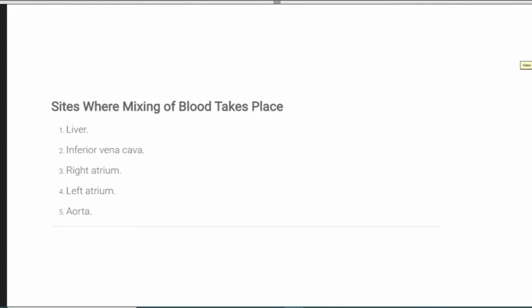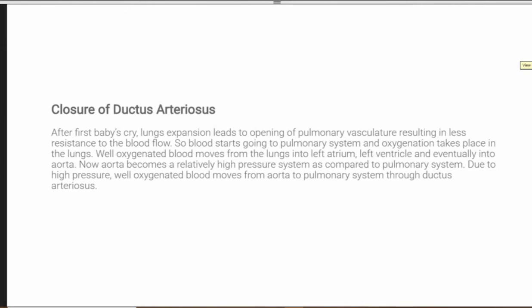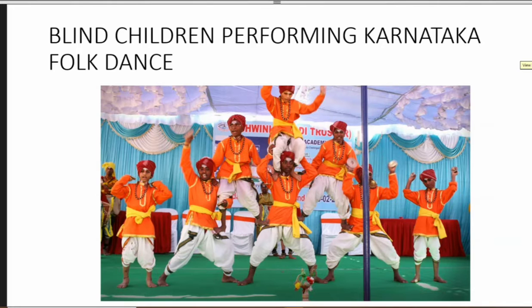And these are the sites where mixing of blood takes place: in the liver, in the inferior vena cava, in the right atrium, in the left atrium, and in the aorta. After birth, the umbilical arteries close, the umbilical vein closes, the ductus venosus closes, the ductus arteriosus closes, and the foramen ovale closes. I will not go into the detail of all these closures.